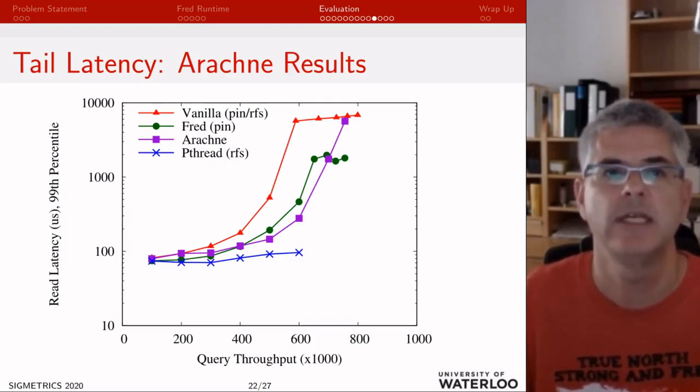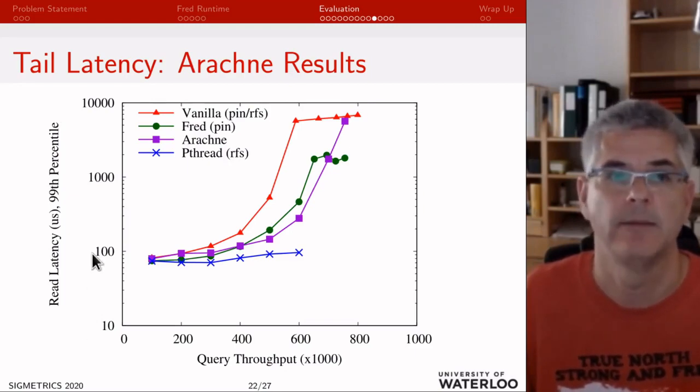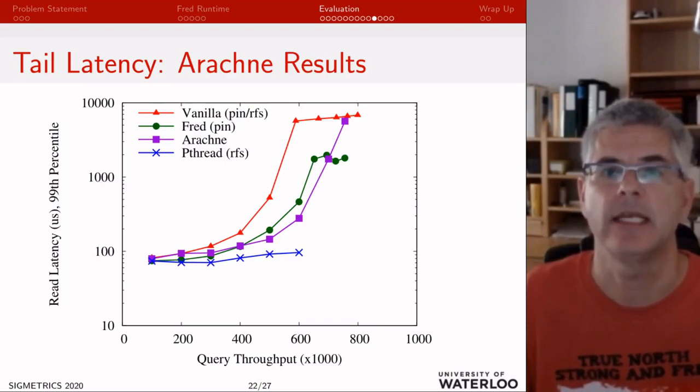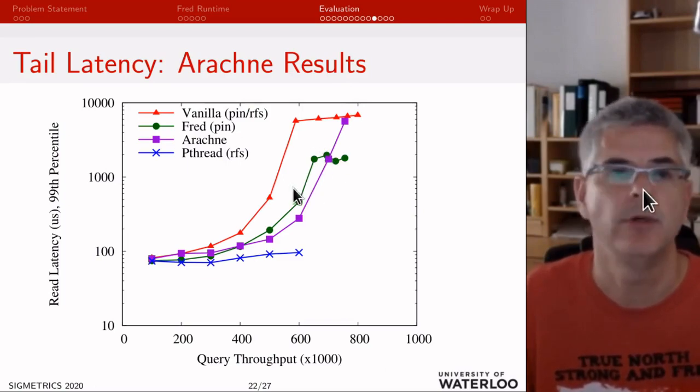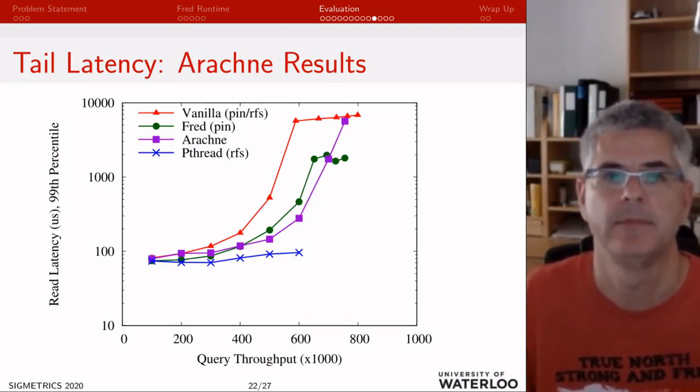The graph shows the 99th percentile of the resulting request latency on the y-axis. Lower is better, but also note that the latency is shown in logarithmic scale. As the workload increases, you can see how the tail latency increases. Both Arachne and Thread are able to sustain higher workloads and higher throughputs at lower tail latency.